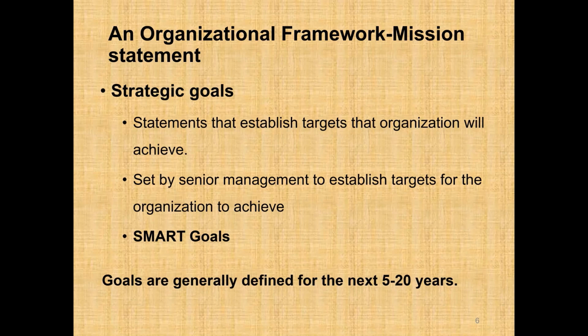It depends on what kind of goals we are talking about. Strategic goals should be defined for the next 5 to 20 years. It depends on whether we are talking about short-term goals, which would be about 5 years, or long-term goals that last up to 20 years.